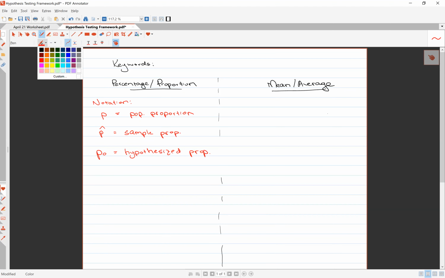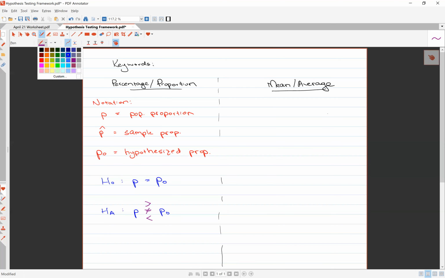Your null hypothesis will always be that p is equal to p0. And your alternative, this is where you have to pay close attention, because the alternative could be not equal to if there's no directional statement, or it could be greater than or less than.